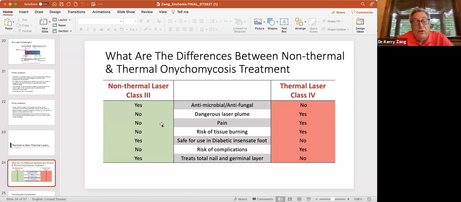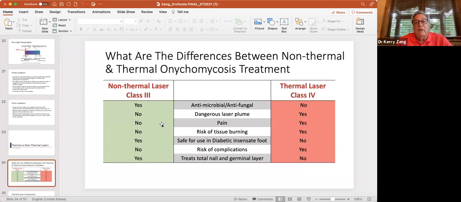Then you're getting thermal burns, and burns take a long time to heal, and in this area it predisposes the patient to bone infection. That is a definite problem with the thermal lasers. It is not an issue with the class 3 cold lasers. Same thing with risk of burning.